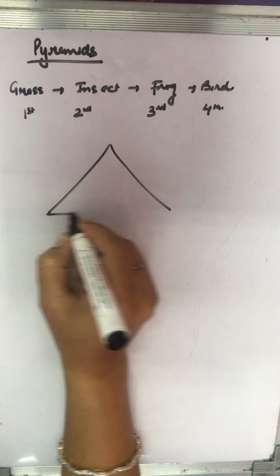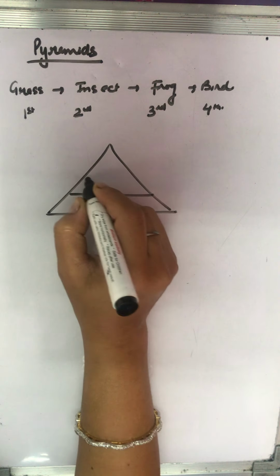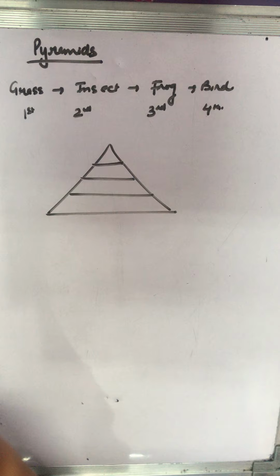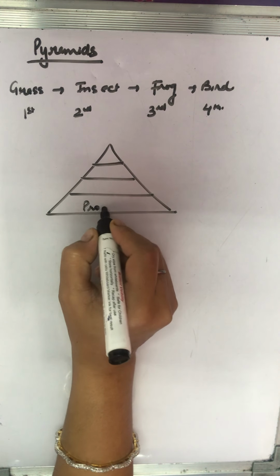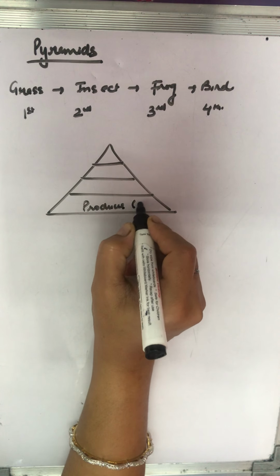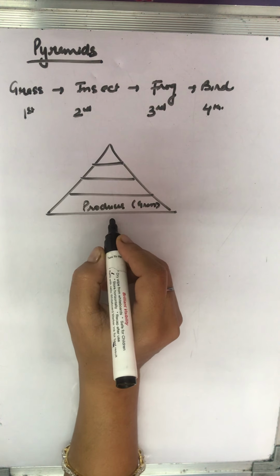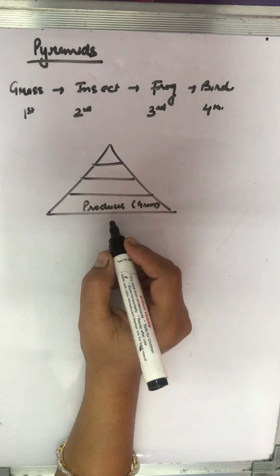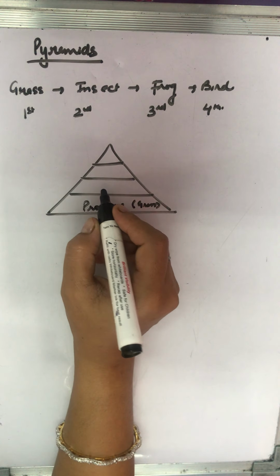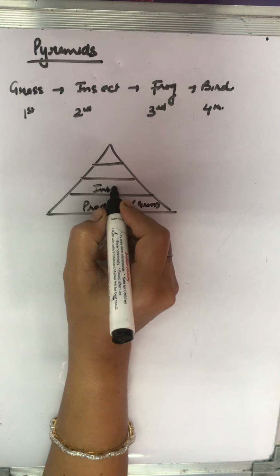So what we do is we arrange them in pyramid form. What is this? The producer level. And the producer is grass, always occupies the lowermost level since it is more in number. Then insect.